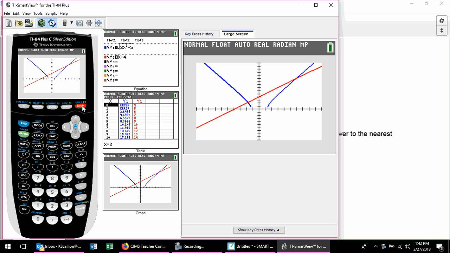The blue is my first one. It shows me that my blue is my radical function. My red is obviously my linear. It was a parabola that has its vertex below the x-axis, right? My guess is if we zoomed in close here, it would actually touch the x-axis. It's just showing me that it's off a little bit.